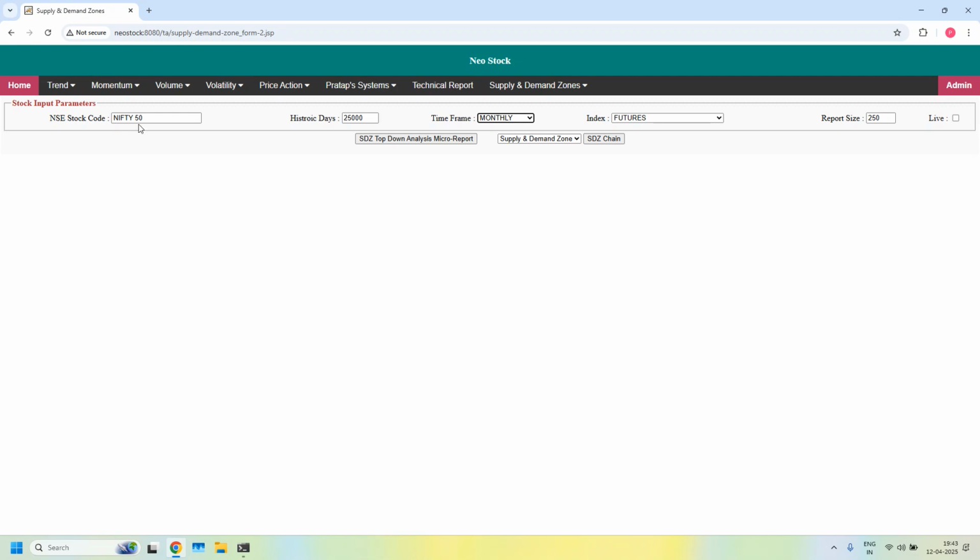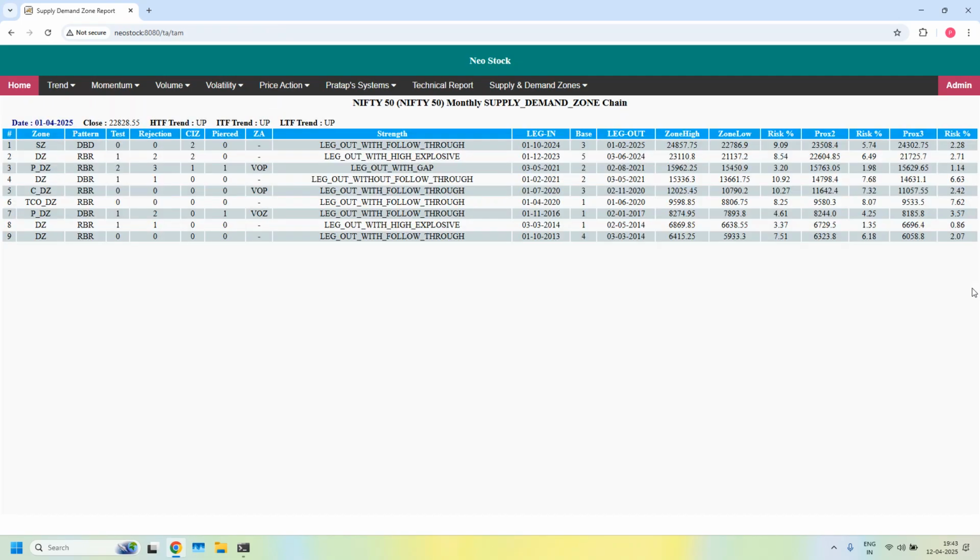So let us start with NIFTY, starting with the monthly time frame, generating the NIFTY supply demand zone chain for the monthly time frame. So this is the NIFTY monthly supply demand zone chain report. Always look into the zone column to find the high liquidity zones. Look into the pierced column to find the pierced zones.